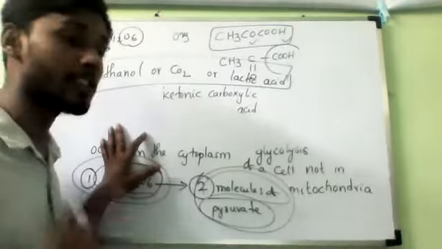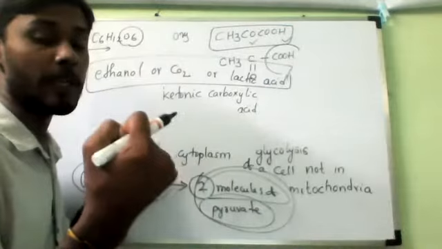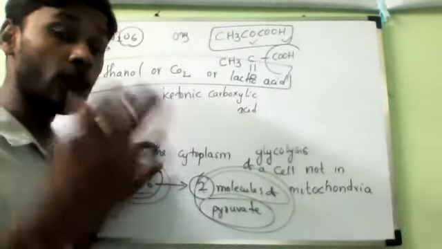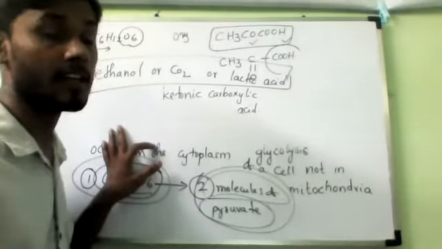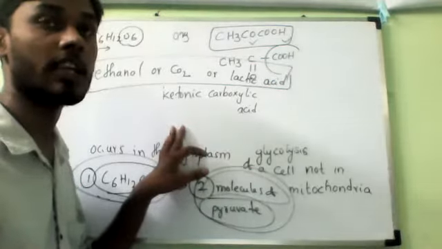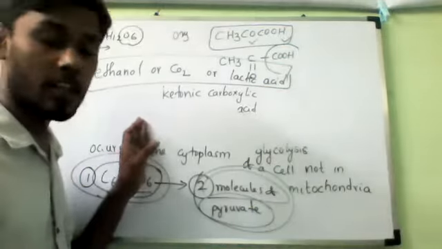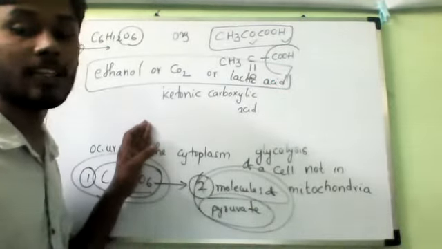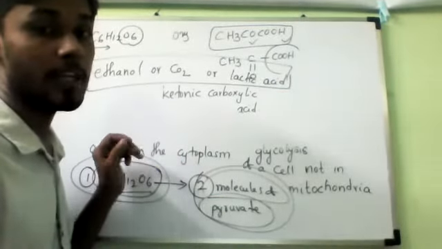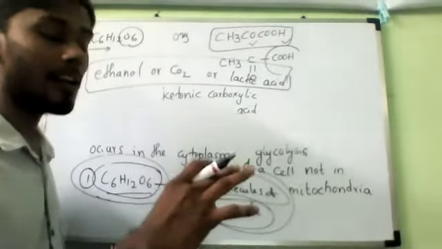If it is present, energy will be released in the form of ATP, a huge amount of energy. If no oxygen is present in the cells, then instead of carbon dioxide, water and lots of energy, it will be converted into either ethanol and carbon dioxide, or lactic acid, depending on whether the process takes place in a plant cell or animal cell.